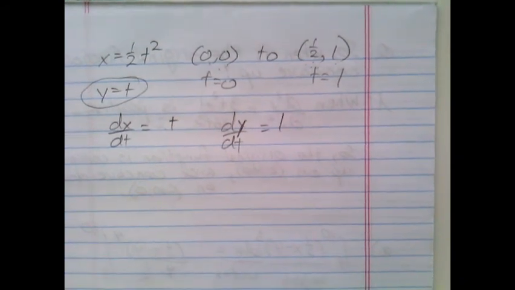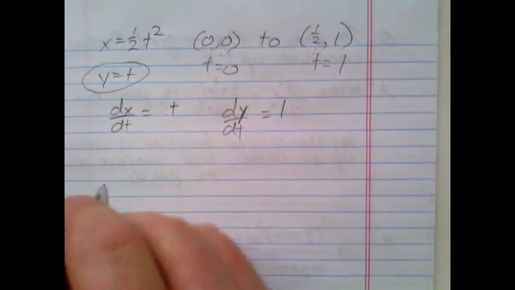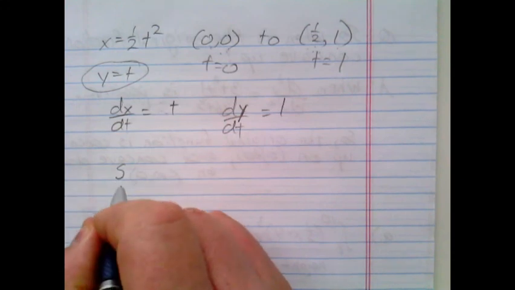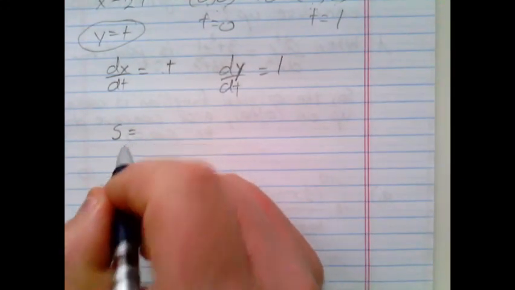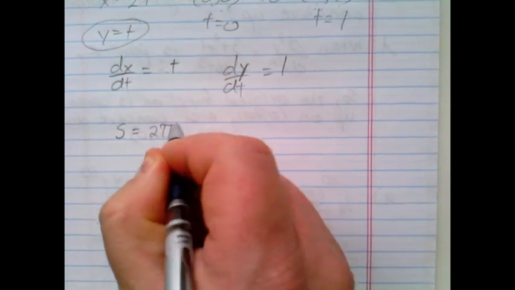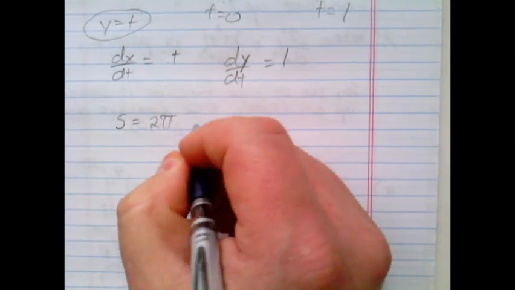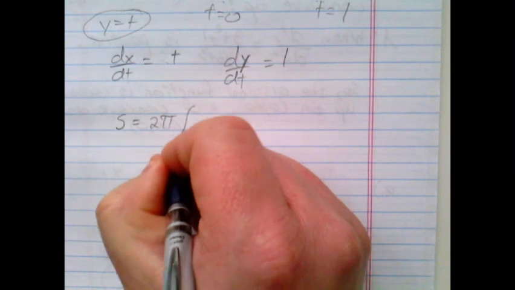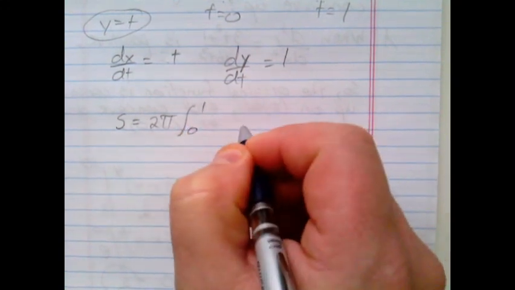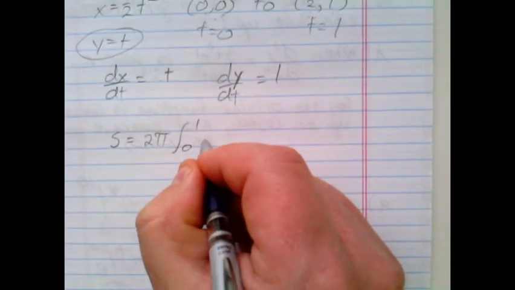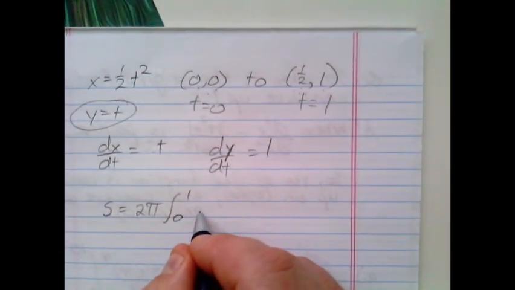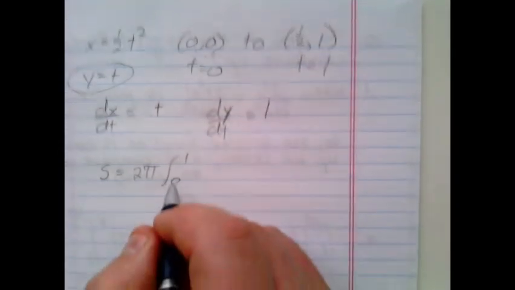Now I'm ready to set up my integral. I'll use a big S, not a little s, for surface area. I know that's confusing, but that's what we do. Little s for arc length, big S for surface area. 2 pi times an integral from 0 to 1. Now remember, in this one there's a y of t before the square root, but y of t was just t.